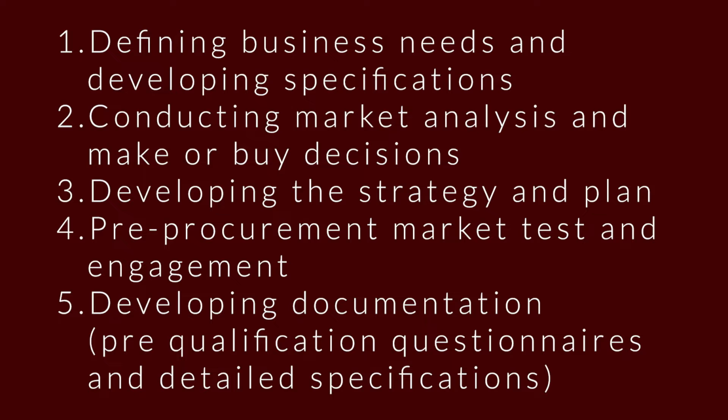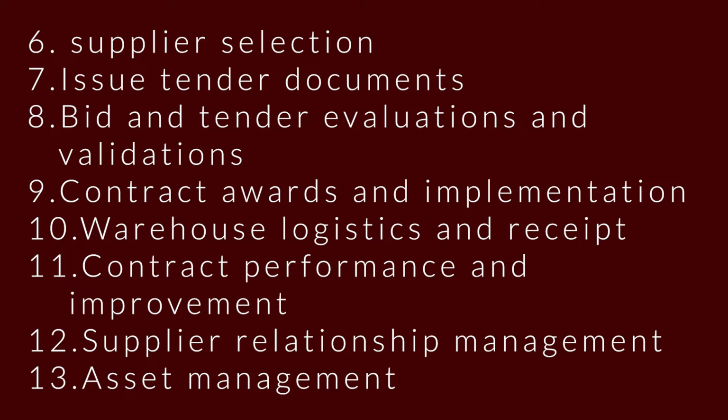But for the most part, a comprehensive look at the procurement process will give you the following 13 steps or stages: defining business needs and developing specification, conducting market analysis and the make or buy decision, developing the strategy and plan, pre-procurement market test and engagement, developing documentation, so in this case we're talking about things like pre-qualification questionnaires and detailed specifications, supplier selection to participate in tender, issuing the tender documents, bid and tender evaluation and validation, then you award the contract and implementation, warehouse logistics and receipts, contract performance and improvement, supplier relationship management, as well as assessment management.